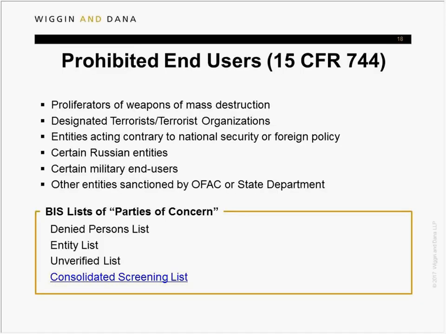So prohibited countries, prohibited end uses, and prohibited end users. And again, the reason that I'm going on at such length about these three categories is that they apply very broadly to any kind of goods, even things that you wouldn't think about as being sensitive.